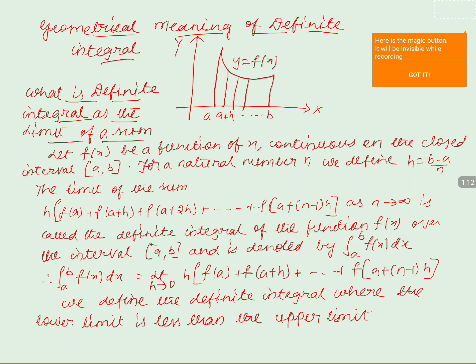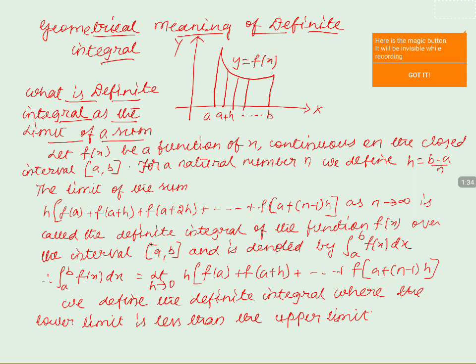The value of h can be defined as b minus a by n, and the limit of the sum can be written as h times f of a plus f of a plus h plus f of a plus 2h, and so on.